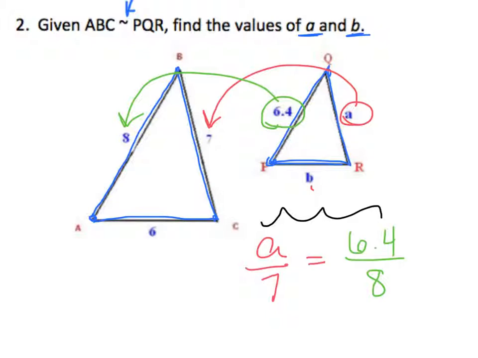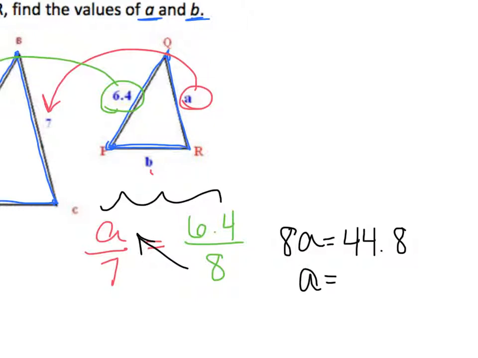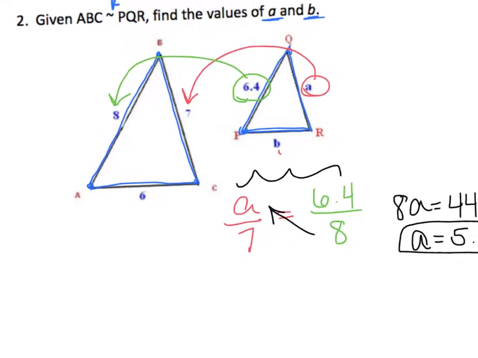Okay, you always have to keep those separate as well. So then to solve it, I'm just going to go ahead and cross multiply. So 8A equals 6.4 times 7. I'm going to divide by 8. So A equals 5.6.